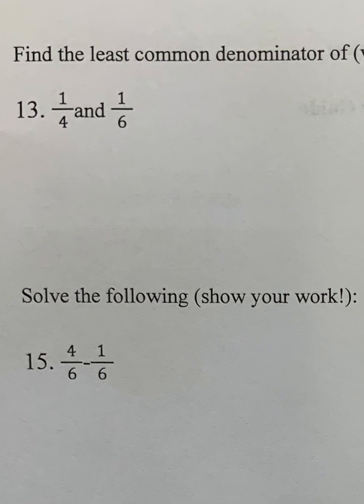Now, when you look at this one, initially you might think to multiply 1/4 times 6 and 1/6 times 4, because you would find a common denominator, but that's not the least common denominator. I know that 1/4 times 3 and 1/6 times 2 will get me a denominator of 12. That's least common because that's the smallest number that 4 and 6 can go into.